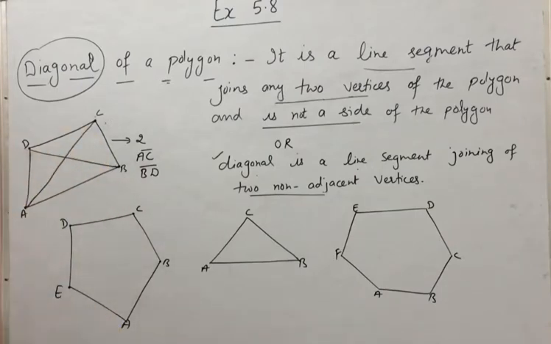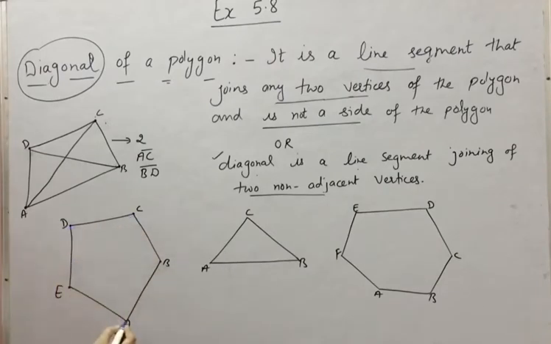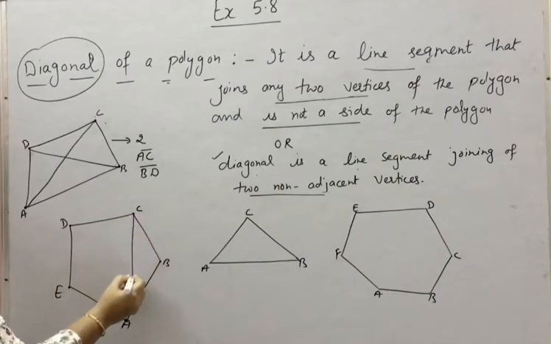Now come to the pentagon. The pentagon has five sides: AB, BC, CD, DE and EA. In the same way, just stand on the first vertex A. If you go from this side and this side, these are the adjacent vertices, so these two are the non-adjacent. You join them.